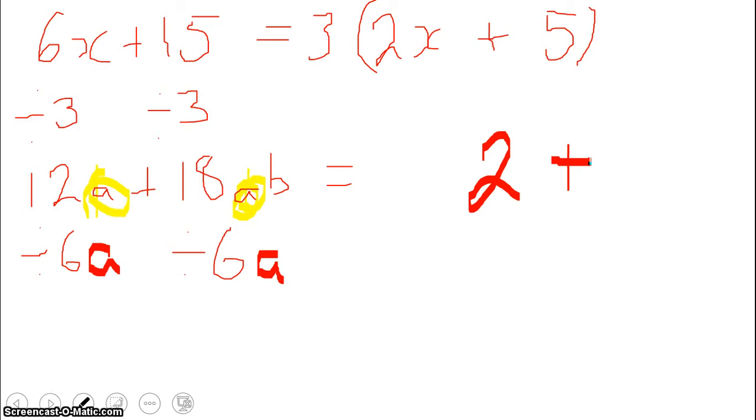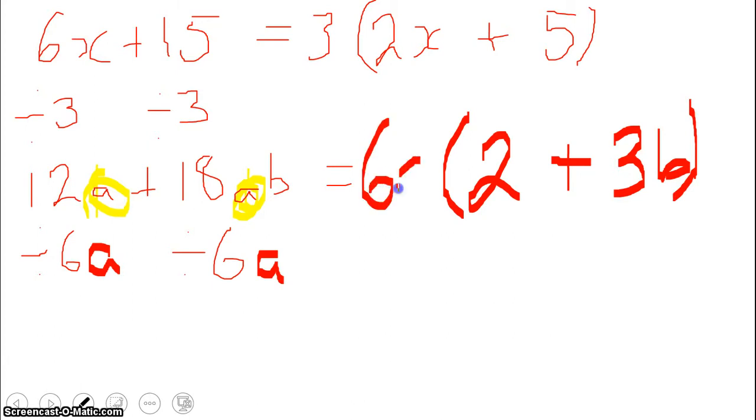Plus, I've got 18ab divided by 6a. 18 divided by 6 is 3. The a's cancel each other out, so I'm just left with b. And then I need to put my factor out the front. So I divided by 6a. Like I said, these things take a little bit of time and a little bit of practice. You need to look at what you can use to find each factor.